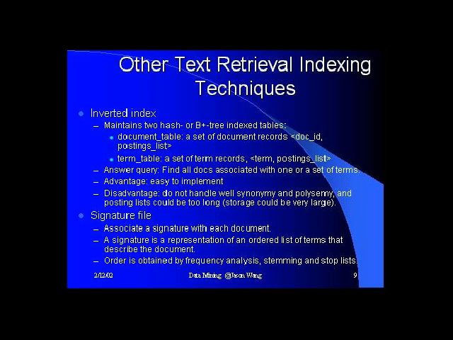Keyword-based retrieval cannot find similar objects, similar documents. So they further use so-called similarity retrieval or latent semantic index to find relevant documents, so that even if a document doesn't contain precisely the keyword in the query, you can still find the similar or relevant documents and present them to the user.